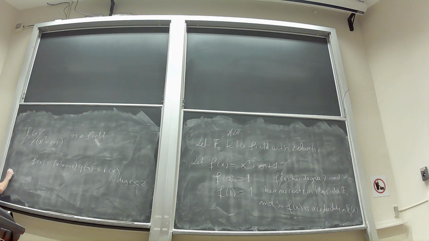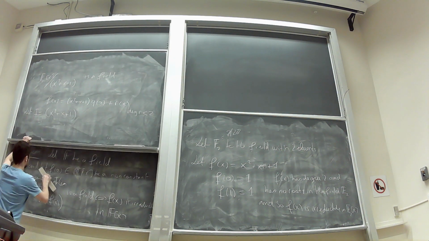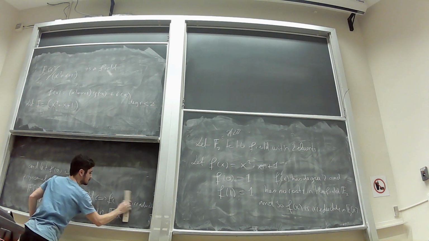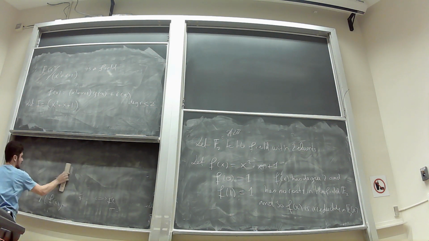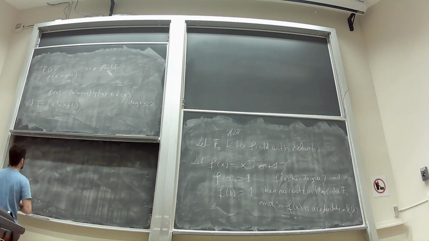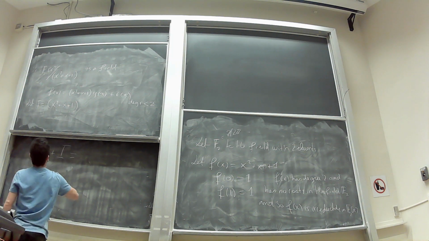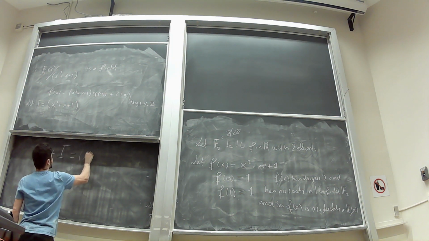So let I be the ideal generated by x squared plus x plus 1. Take the residue class mod I. What is f of x plus I, the coset of f of x plus I?